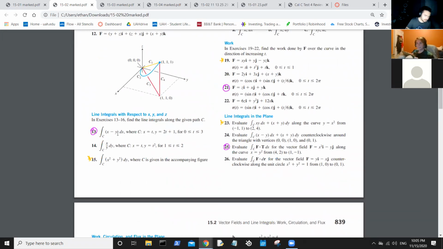So dx, where C, this one, similar to the last one, parameterizes it for you. So this is a type 2 problem from earlier.